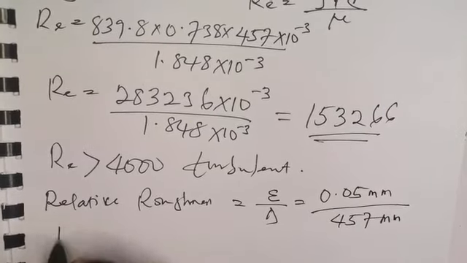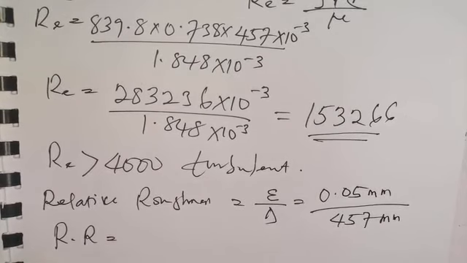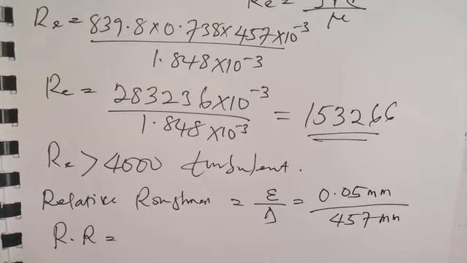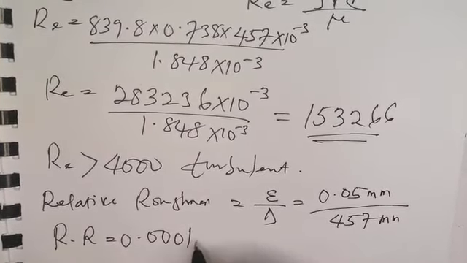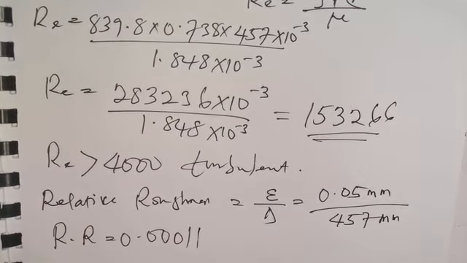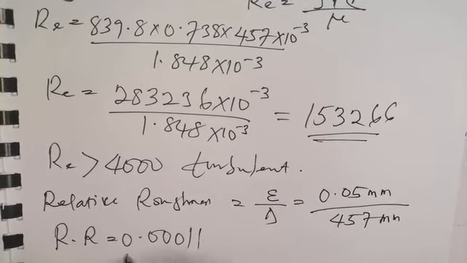So this simply means relative roughness is equal to, let's obtain that ratio. That gives us approximately 0.00011. So relative roughness is simply 0.00011.